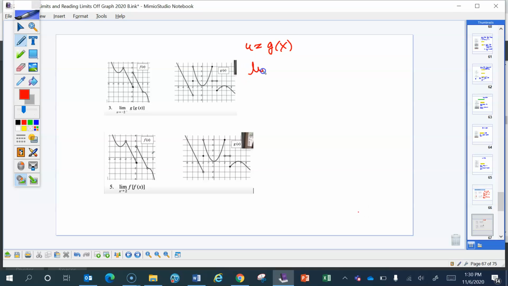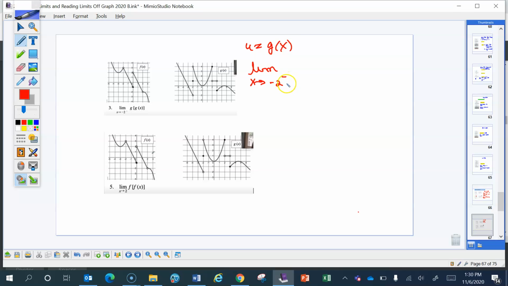So now I'm going to have the limit as x approaches -2 from the negative side. Oh, I missed the negative, the question is actually just asking us from the negative side. So the limit as x approaches -2 from the negative side.